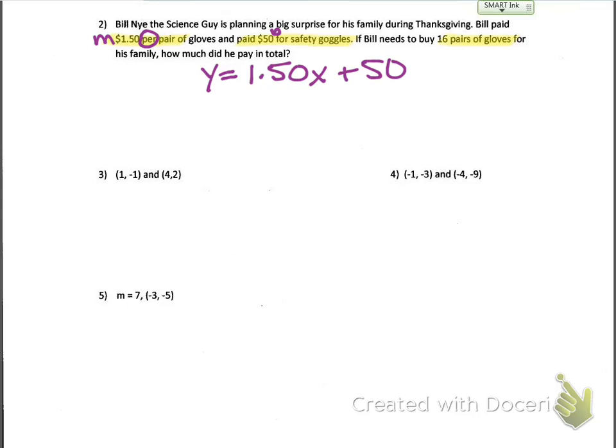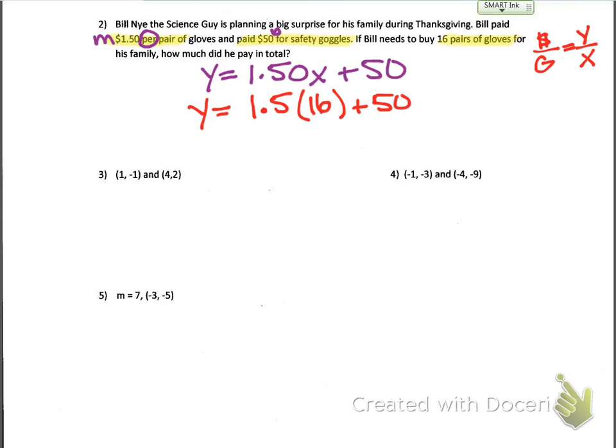Remember, looking at the slope, it's $1.50 per pair, so it's money over gloves. And again, remember, in our slope, y is on top, x is on the bottom, meaning y is money, and x is gloves. So that means I'm going to plug in 16 for x. So y equals 1.5 times 16 plus 50.